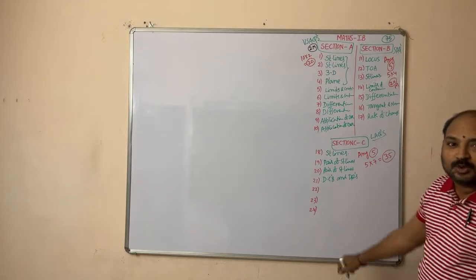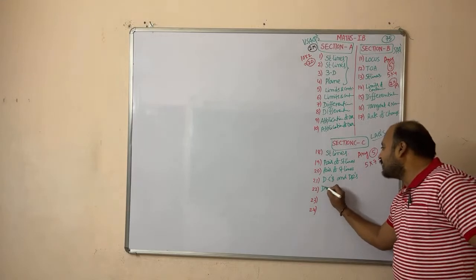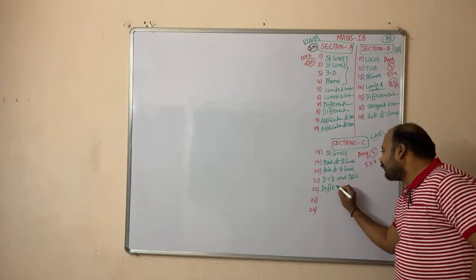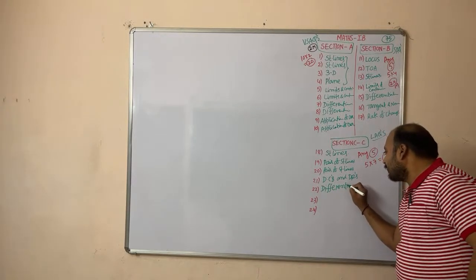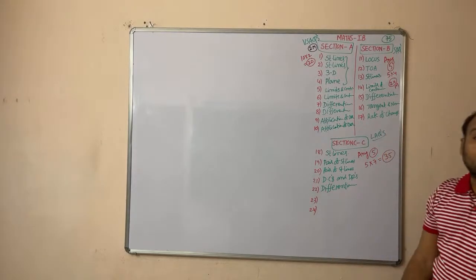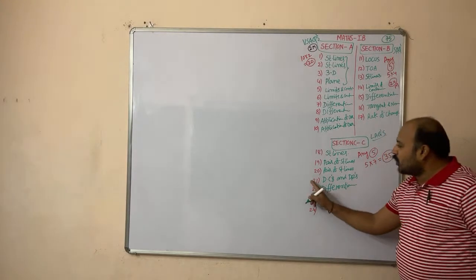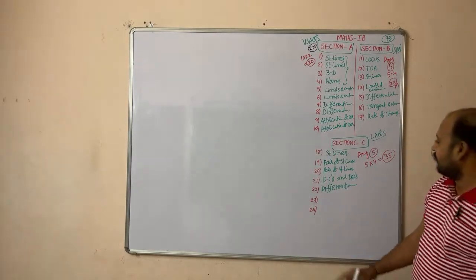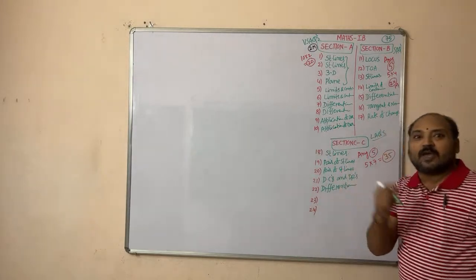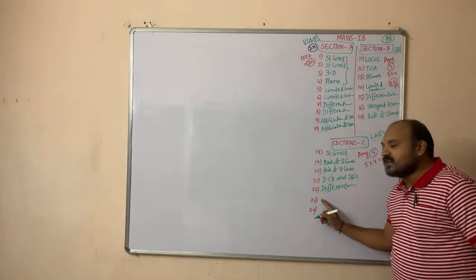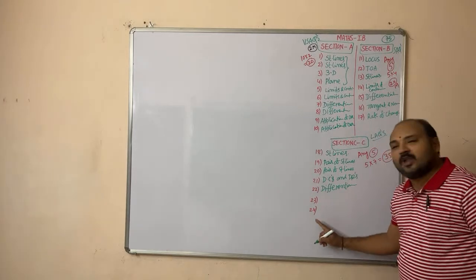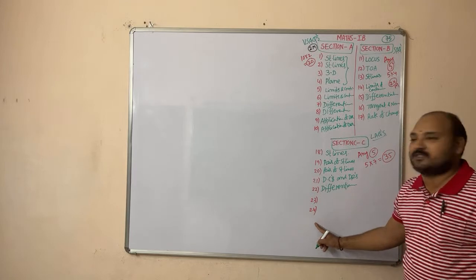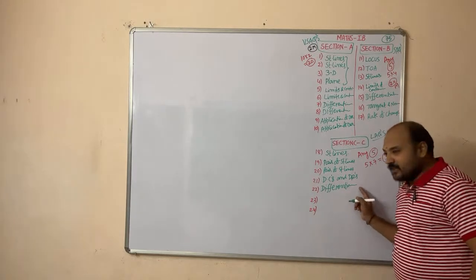Question number 22, differentiation. The first 4 questions in section C belong to geometry. The next 3 questions belong to the calculus part. Question number 23 and 24 are application of derivatives; the differentiation chapter is 9th.